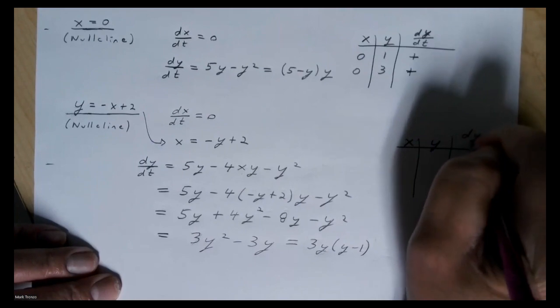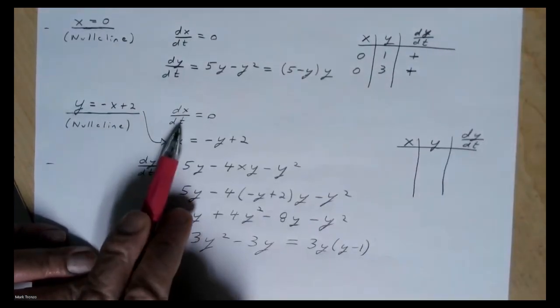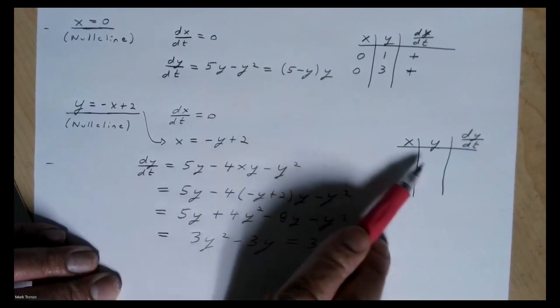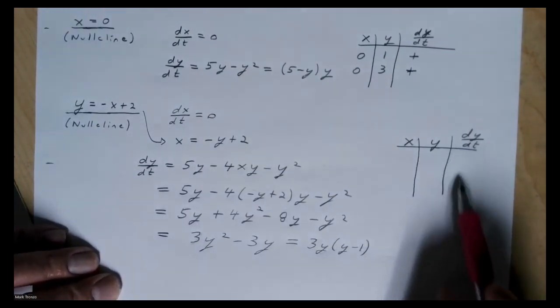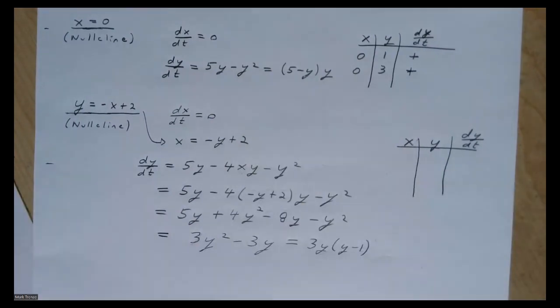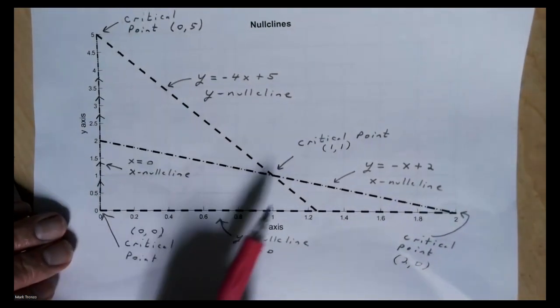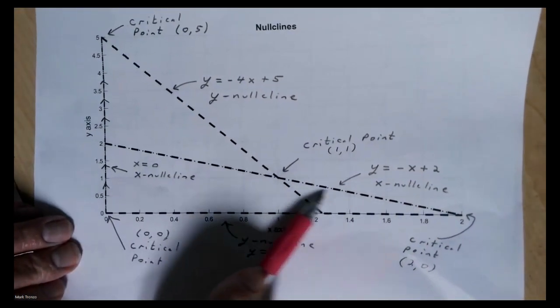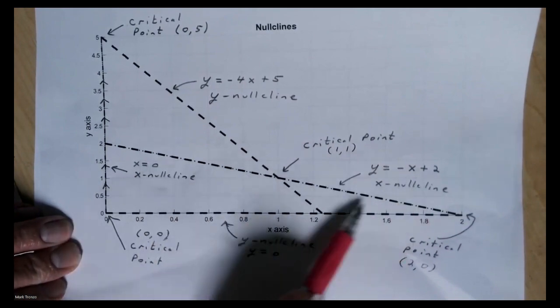We're interested in what dy dt is doing because we know dx dt is 0. So again, it's good to take a look at that nullcline. We're working along this nullcline right here, y equal minus 2 plus x.